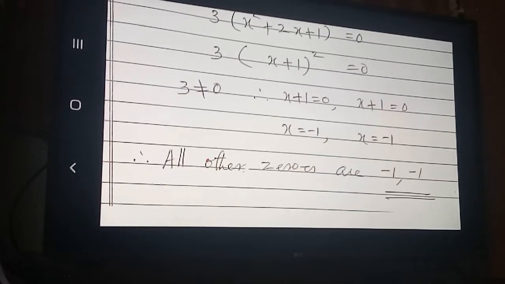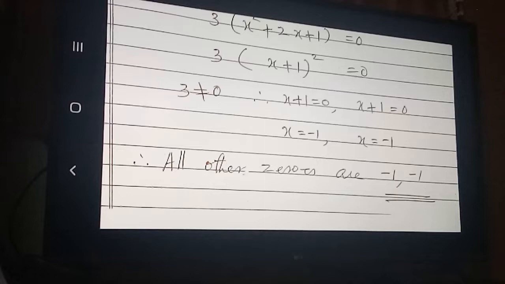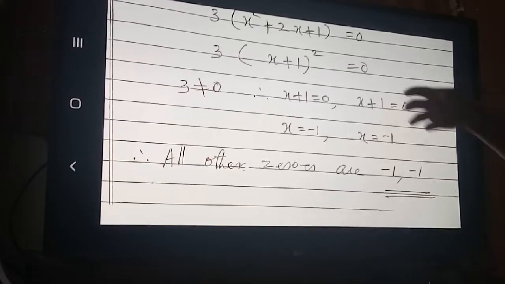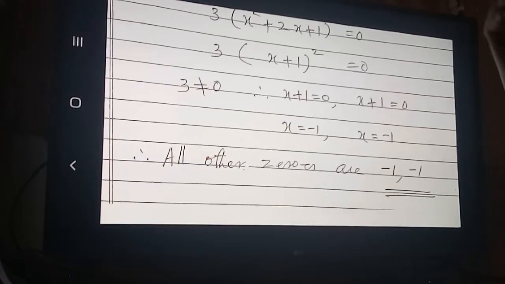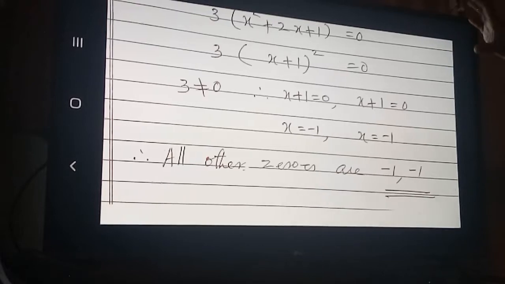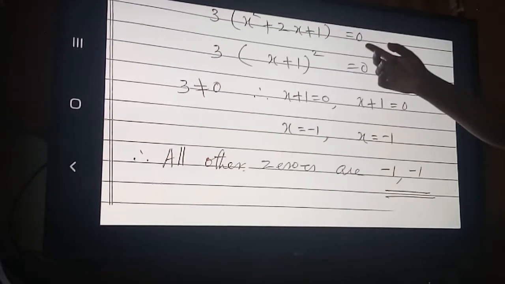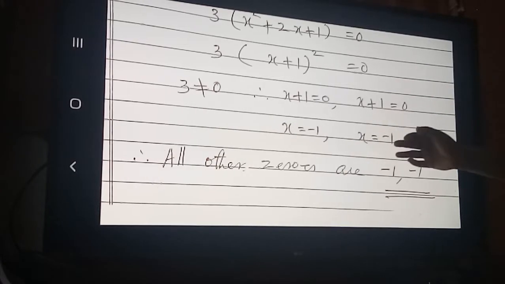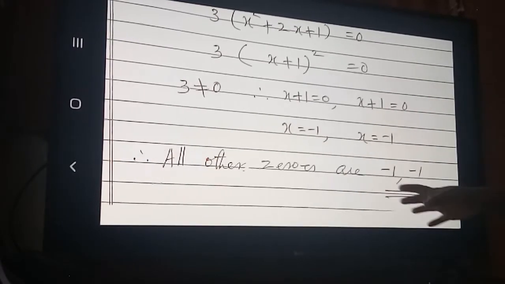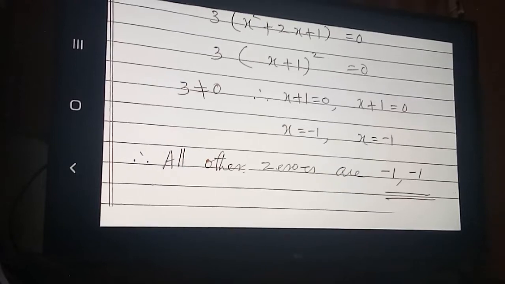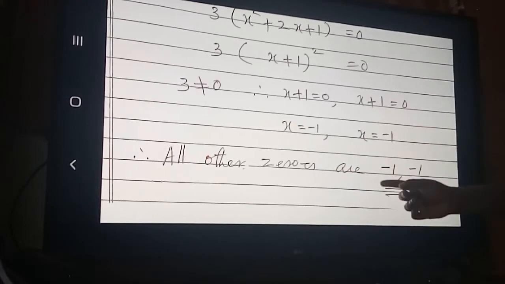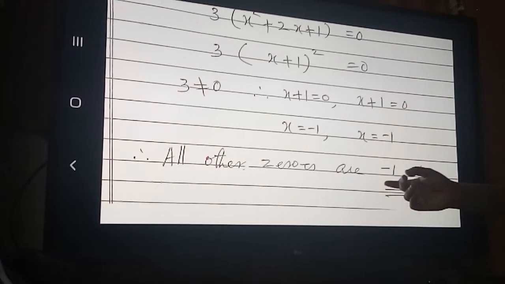First you remove the two zeros by dividing, and then the quotient that comes is the other group of factors. Take that group of factors equal to 0, find the factors and find the zeros. So now you have got all the zeros. Total 2 zeros were already given, and now you have found 2 more, minus 1 and minus 1.